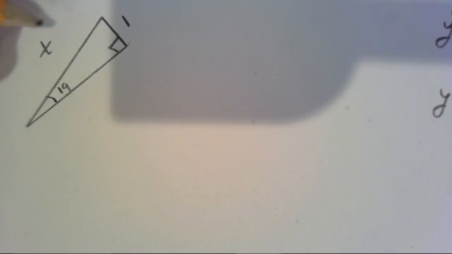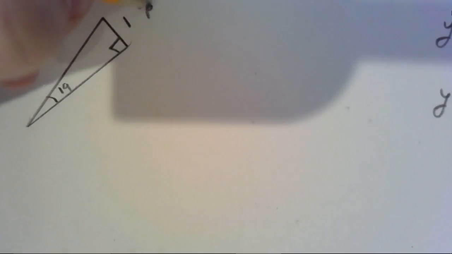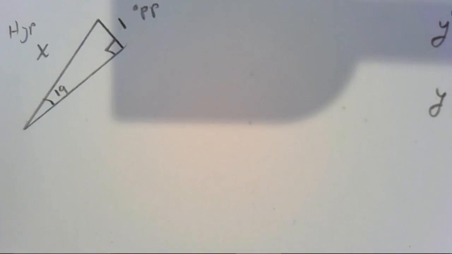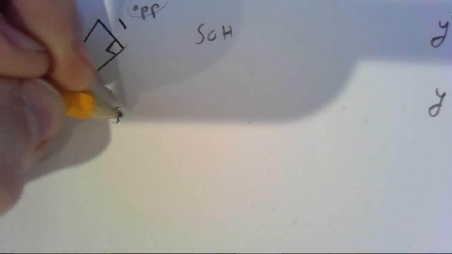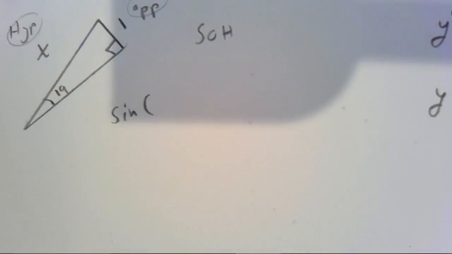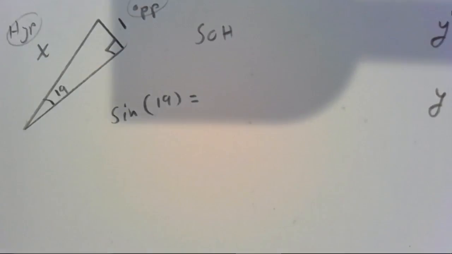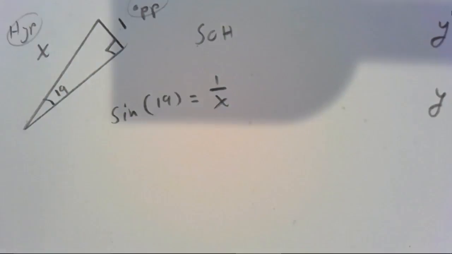So I've got hypotenuse here, opposite over here. I don't care about that side. This is going to be SOH because I've got opposite and hypotenuse. And I can do sine of 19 is equal to opposite over hypotenuse, so 1 over x.